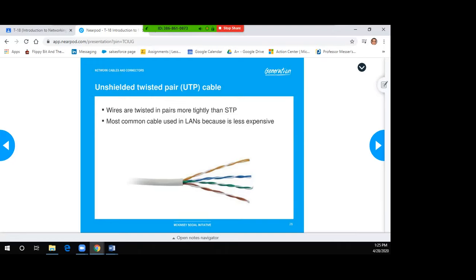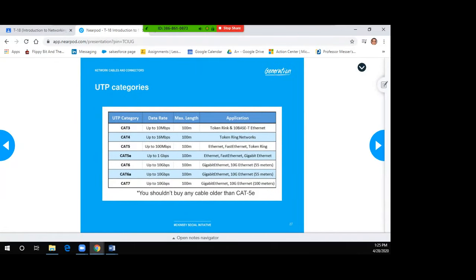Also, another variance here is that the UTP ones are twisted much more tightly than the other ones. Your UTPs, what type of categories do you have? You have from Cat 3 all the way to Cat 7. Cat 3 most likely is not being used anymore.